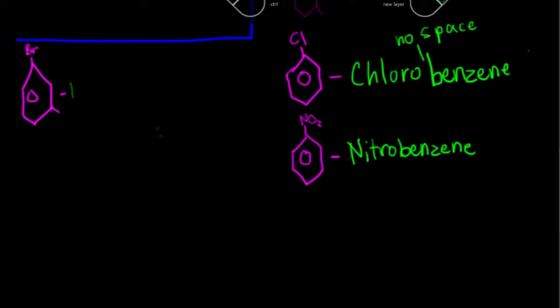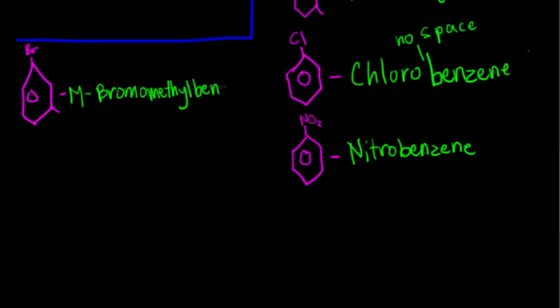We place bromo because there is a bromo substituent. Methyl because there is only one substituent placed on the third point. And benzene because, as I said, you should always end with benzene in naming aromatic compounds.